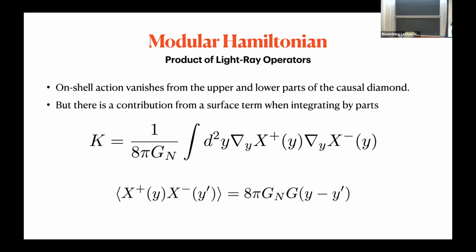These shifts are directly related by the equations of motion to the stress tensor. If I do an integration by parts and pull one of these transverse derivatives, I get a transverse Laplacian acting on X, which gives me the stress tensor.